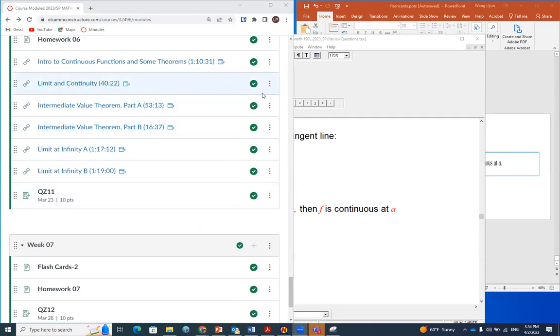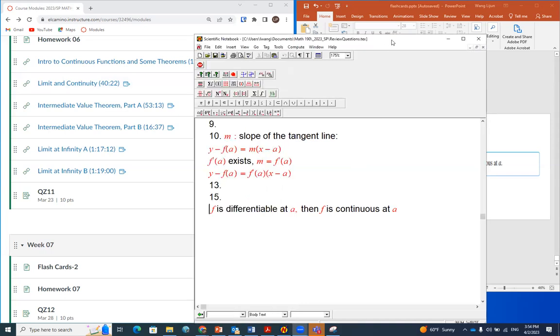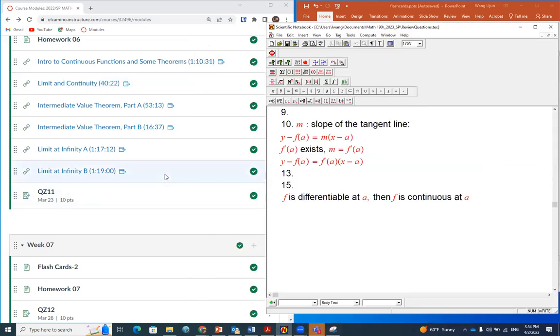In that lesson, I elaborated on the relationship, with a lot of examples illustrated.